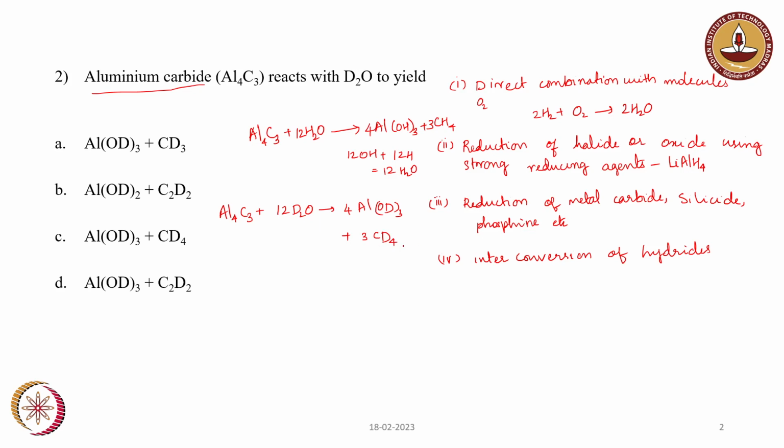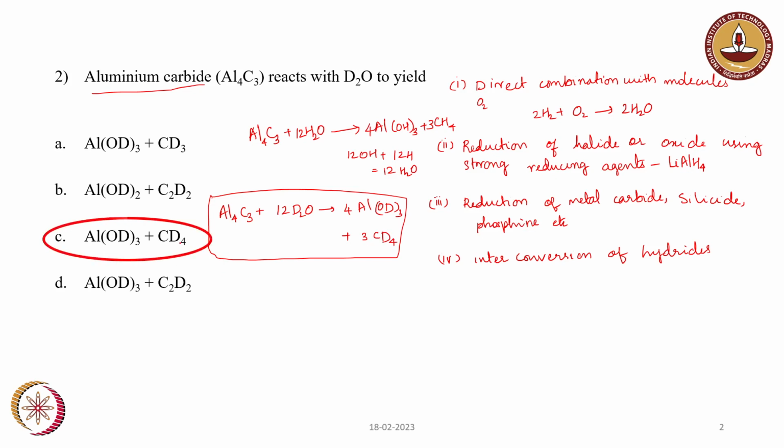So this will be the reaction. So the question was aluminum carbide reacts with D2O to yield aluminum OD thrice and CD4. So the answer is option C.